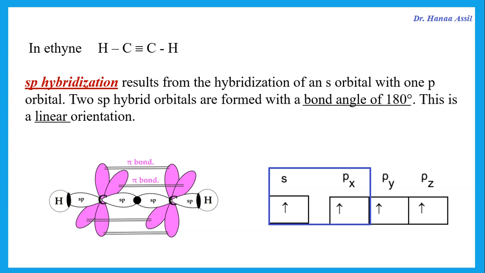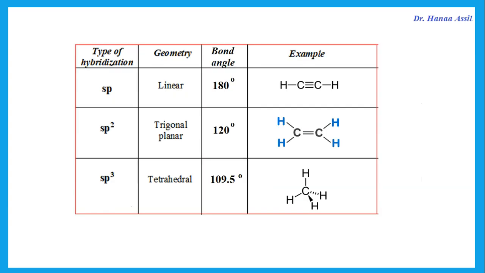So the structure is linear with bond angle 180. And we said the other 2 electrons for each carbon will be used to make the 2 pi bonds between the 2 carbons. So remember, ethyne or a triple bond is sp hybridization, and this is linear with bond angle 180.